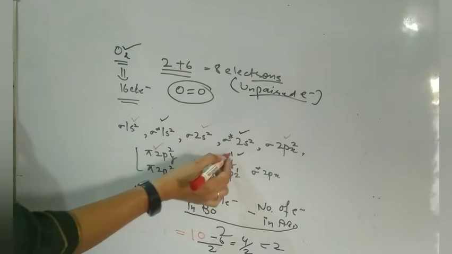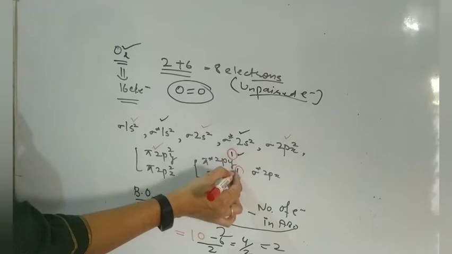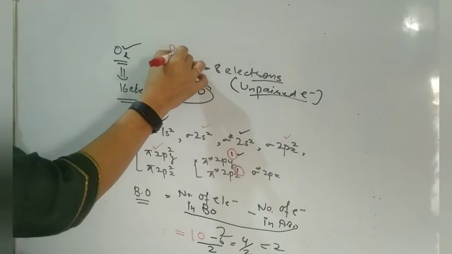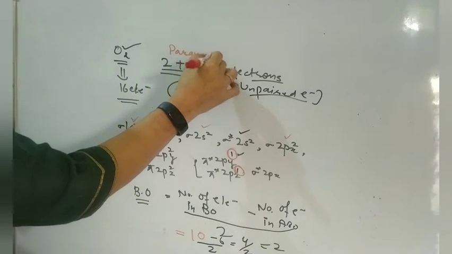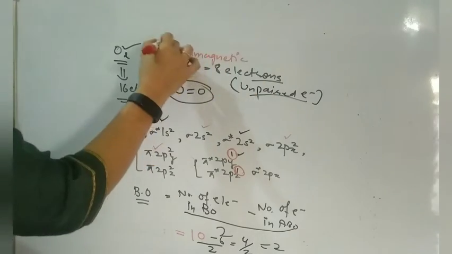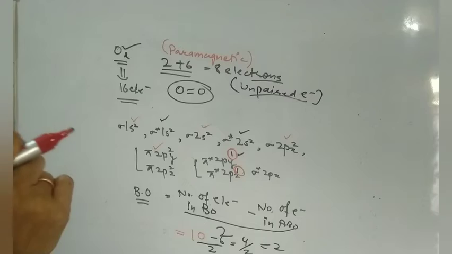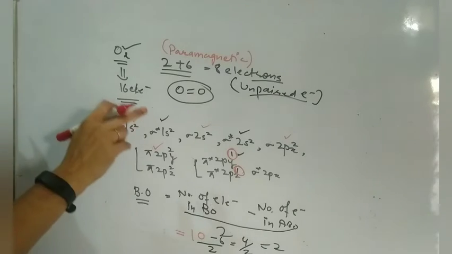So here we are having 2 unpaired electrons. So that's why the O2 molecule is paramagnetic in nature. Okay, this is about O2.